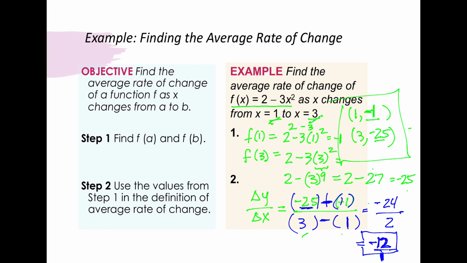You could put every number over 1 when it's a whole number. We saw with our graph that this is change of y over change of x. So negative 12 means it went down 12 every time x changed by 1.